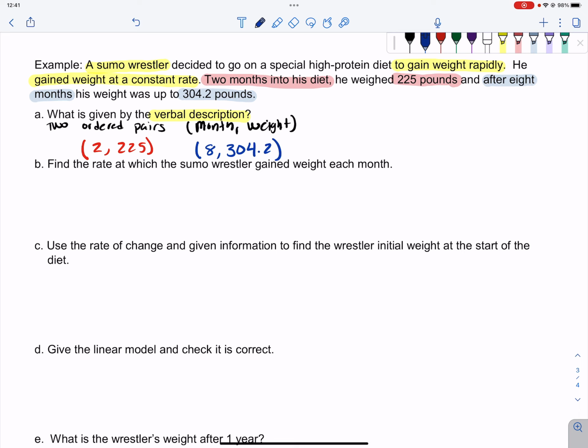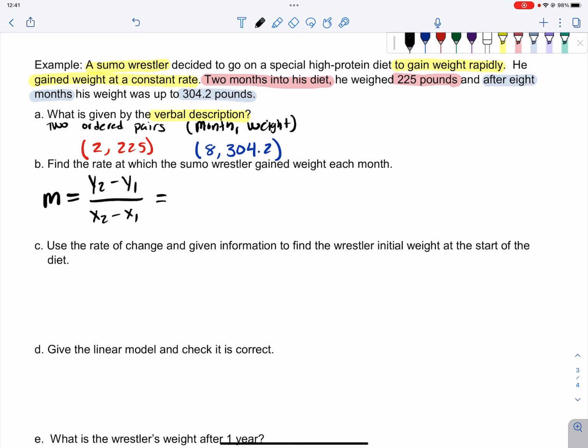And now, using these 2 points, we want to find our slope m. That's going to tell us the rate that he gained weight each month. So m is equal to our formula, y2 minus y1 over x2 minus x1.